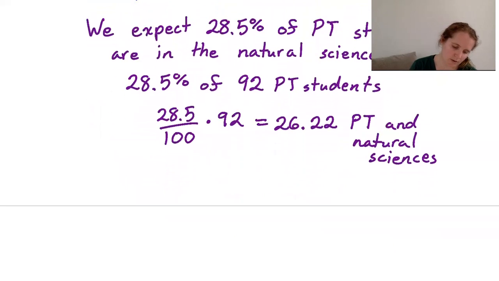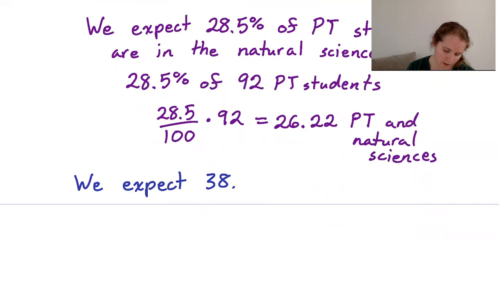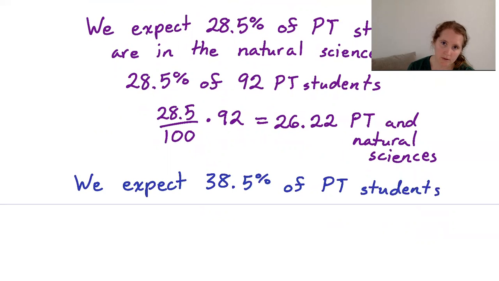Then we expect 38.5% of part-time students are in the social sciences.